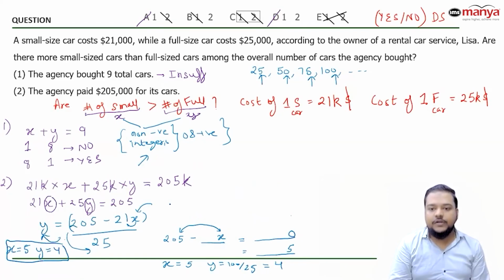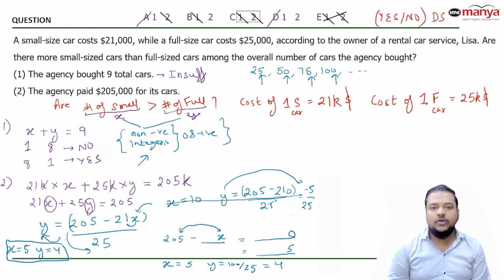So if I put x equals 10, what will I get here? y is (205 minus 210) divided by 25. This is even negative, minus 5 upon 25. So y cannot be negative. So this solution is also not acceptable. Although minus 5 is not divisible by 25, we are getting a negative, and negative is not acceptable.